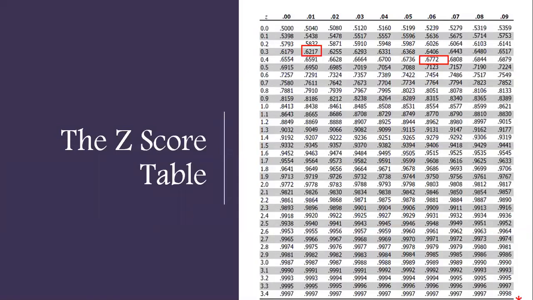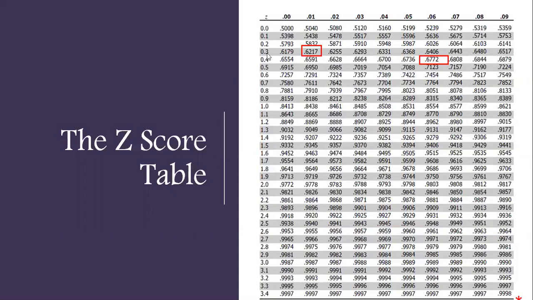Then we find the last few digits of the z in the horizontal rows at the top of the table. For example, the z-score for the variable social support is 0.309, or 0.31. So I found 0.3 in the left-hand vertical column.